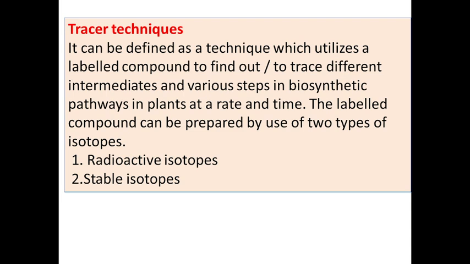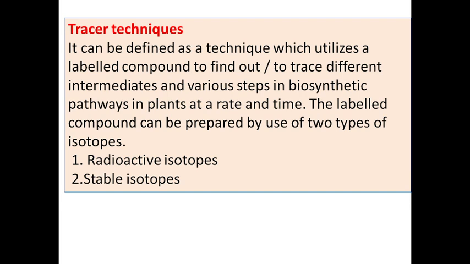So at a particular rate or at a particular time, these intermediates are produced during various biosynthetic pathways which the plant will utilize to synthesize secondary metabolites. So this technique uses a labeled compound, and that labeled compound will trace these intermediates.